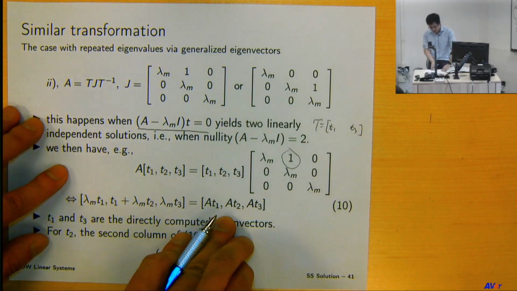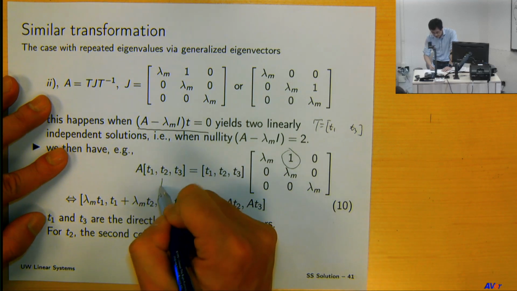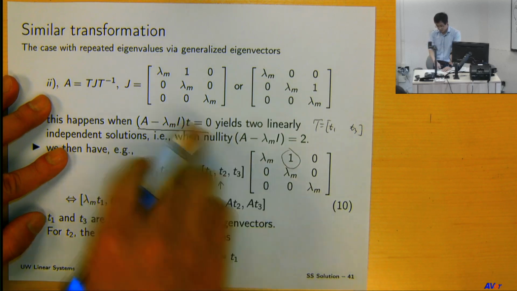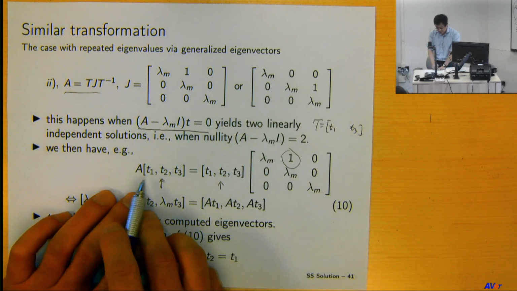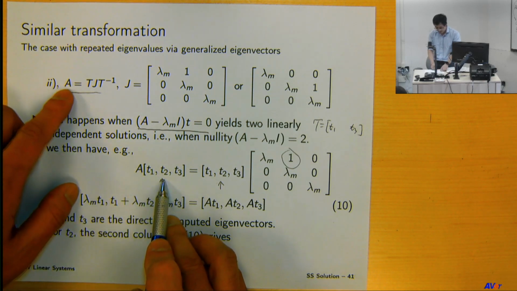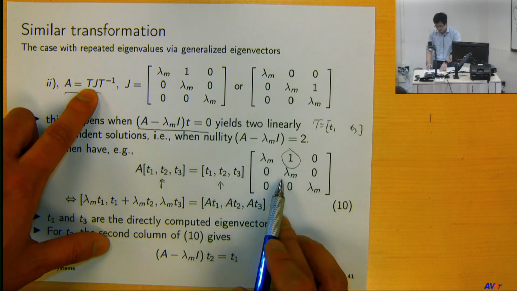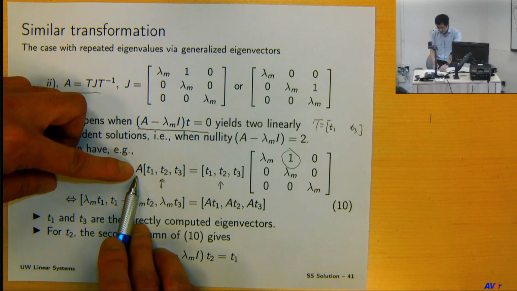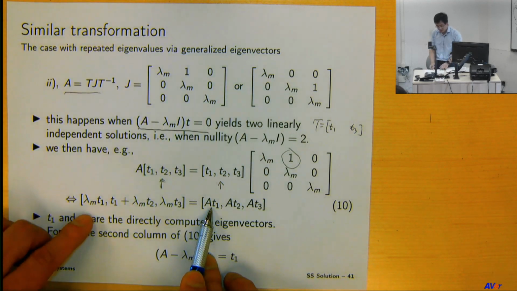All right? Let's see. This is A. Let's say I need another vector T2 to make this decomposition work. So this means A times this T matrix must be equal to T times this Jordan matrix J. So A times T1 must be equal to lambda m times T1.